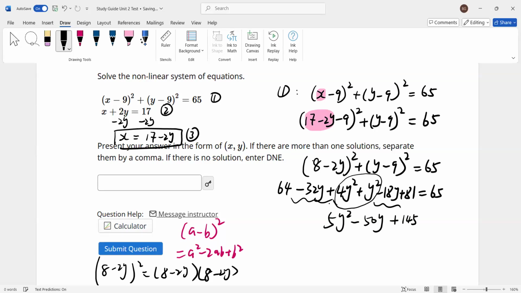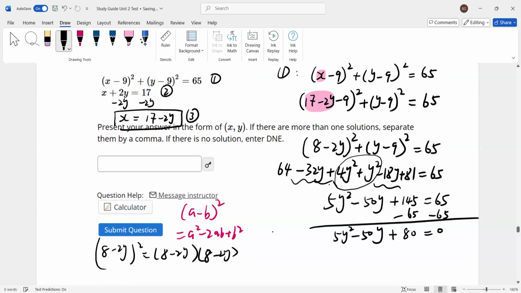And 145 equals 65. We are going to subtract 65 from both sides. And we're going to have 5y squared minus 50y plus 145 minus 65, that is 80. And equals 0, right?